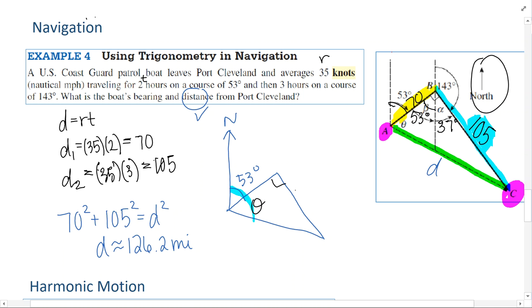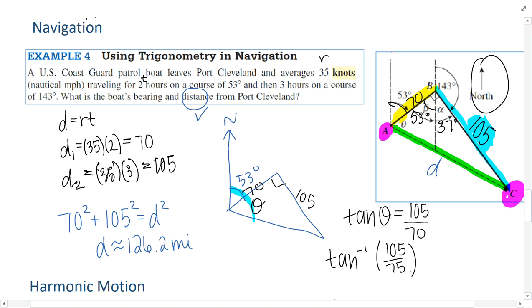Since this is 105 and this is 70, we can use trigonometry. We can use tangent. The tangent of theta would be the opposite, 105, over the adjacent, 70. So I'm going to need to use inverse tangent to get the angle. We are working in degrees, so make sure to change it from radians if you're in radians.